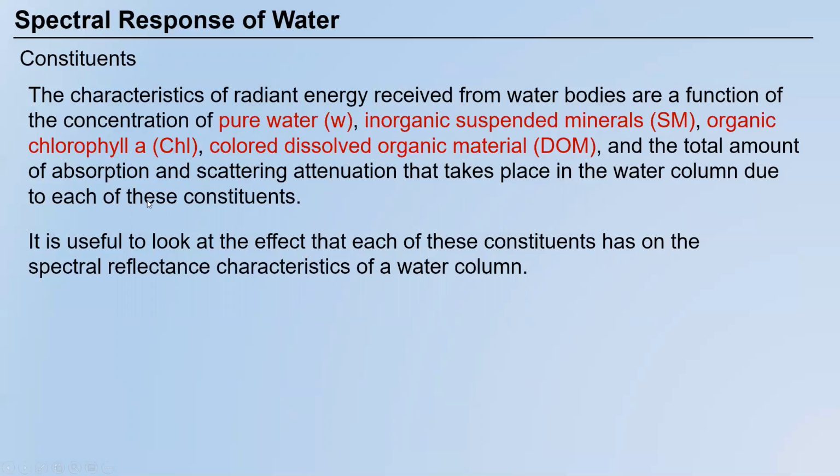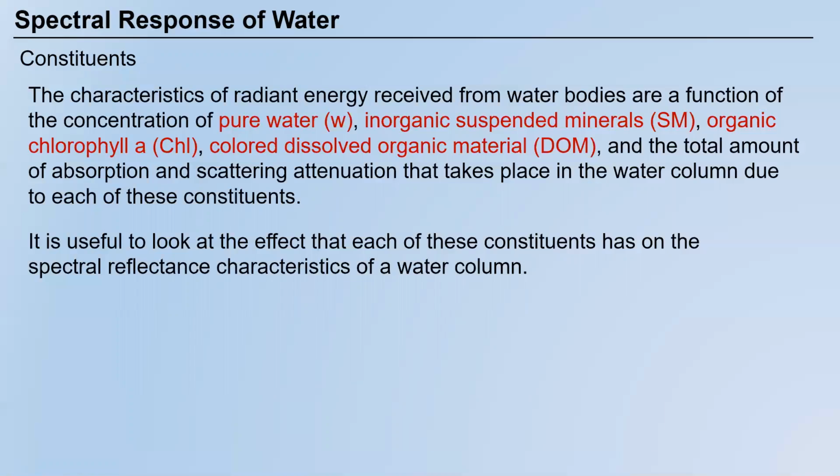And the total amount of absorption and scattering, attenuation, that takes place in the water column is due to each of those constituents. Okay, so it is useful to look at the effect that each of these constituents has on the spectral reflectance characteristics of a water column.